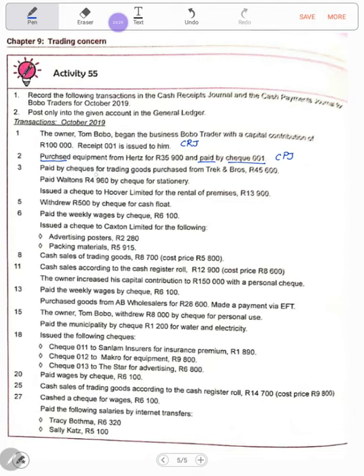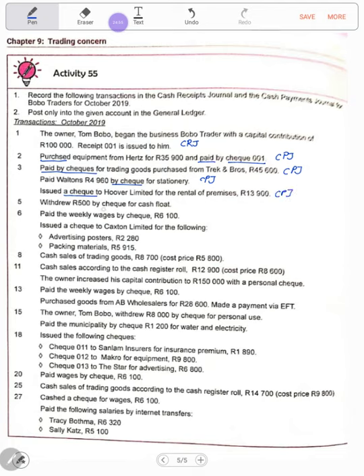Next one, paid by checks for trading goods purchased from Check and Bros 45,600. Again, CPJ, what was my keyword? Paid by checks. Paid Waltons 4,960 by check for stationery. CPJ. Issued a check to Hoover Limited for the rental of the premises, CPJ, that was for rent.